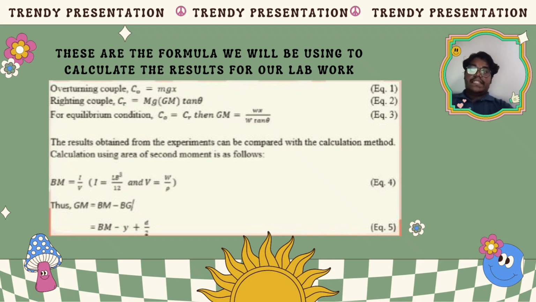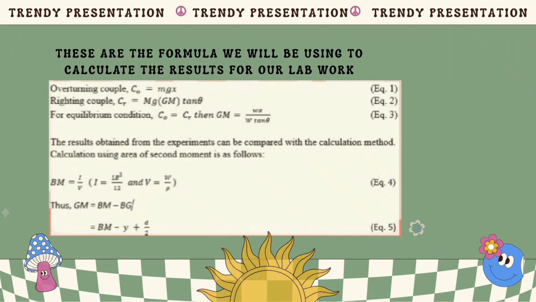The results obtained from the experiments can then be compared with the calculation method. Calculation using the second moment of area is as follows. Equation 4: BM equals I over V, where I equals the following. And GM equals BM minus BG, which equals BM minus Y plus D over 2.